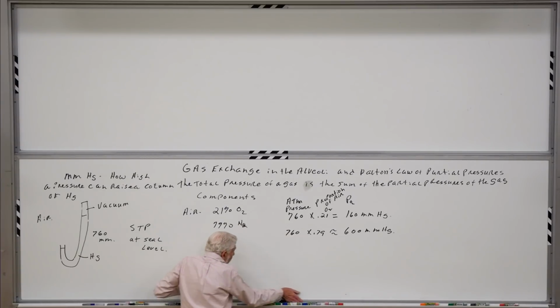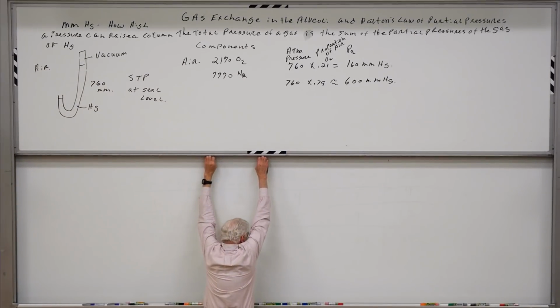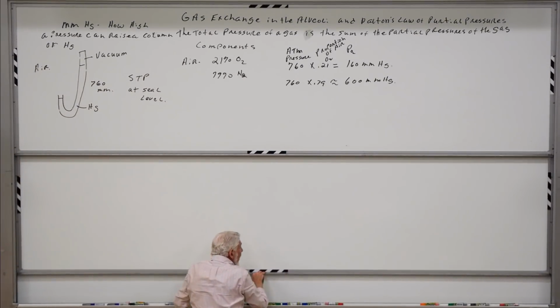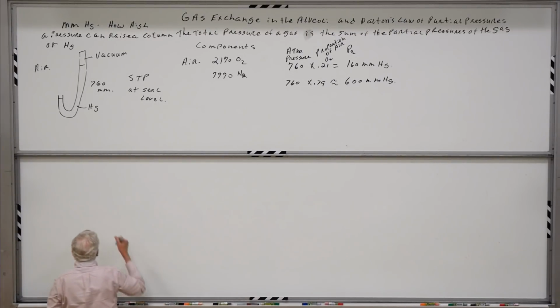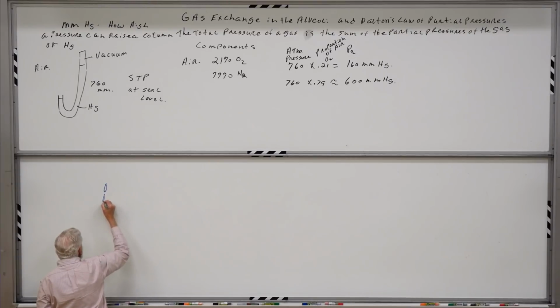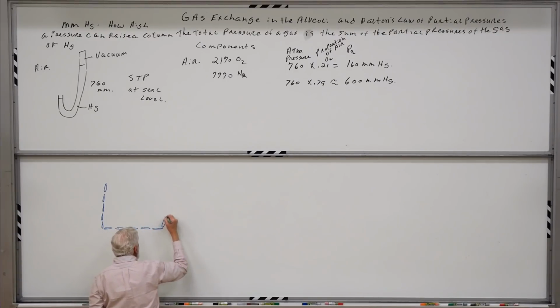Well, why is that important? Well, what we want to think about here is what's going on down in the alveolar space. We've made this drawing several times. The alveolar sac is meant to be the opening here between these two parallel lines of alveolar epithelial cells.